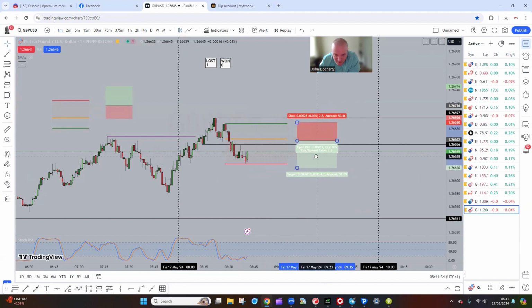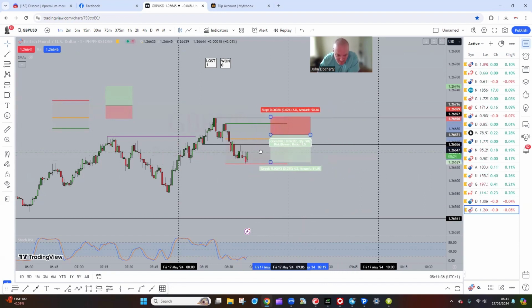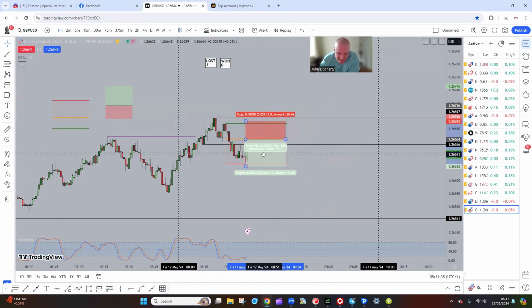There's a 1 to 1.5. So if I put this on ready, yeah, it just means this candle cannot touch either side of these. At the minute, we've got 10 seconds left. See if we can get an entry on this one.